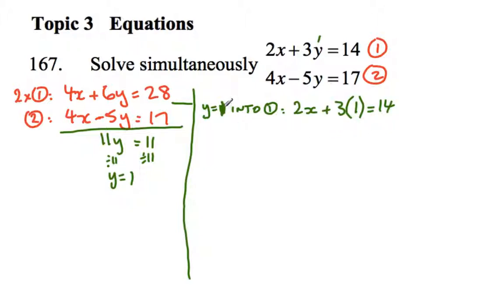So when we substituted y equals 1 into equation 1, we were left with 2x plus 3 equals 14, and we're able to just solve that in the normal everyday equation solving techniques of moving numbers by doing the opposite to both sides.